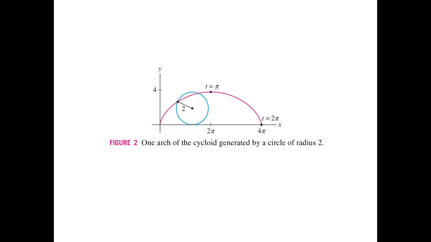Let's phrase it this way: when your x value is here at 0, over here it's pi, over here it's 2 pi.